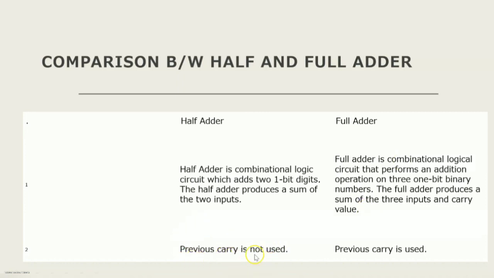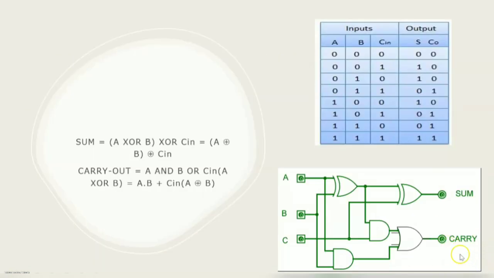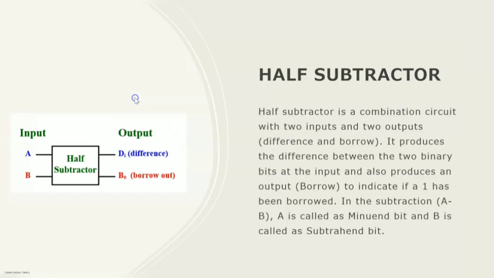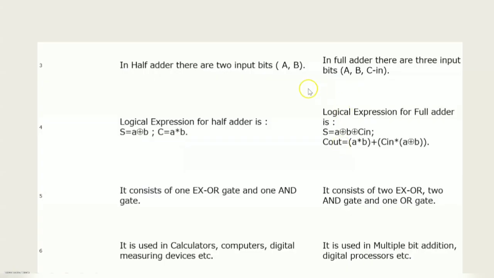Then for the case of half adder, previous carry is not used, but for the case of full adder, the previous carry can be used. This carry out can be again given to another full adder as a carry in. Okay, so carry can be reused. Next, in a half adder, there are two inputs A comma B. Then in a full adder, there are three inputs A, B and carry in.